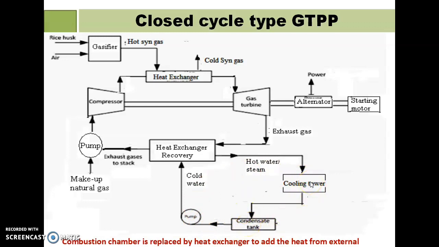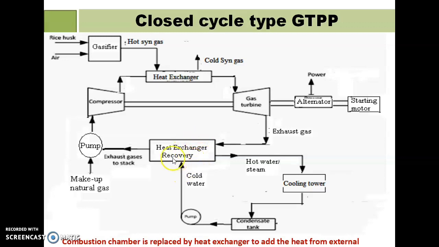The cooling tower is connected to a steady supply of water. It takes the water from natural sources. Then the hot gases through the heat exchanger are given to the cooling tower, where they are cooled, and again given to the condenser, and through the pump the cold water is again given to the heat exchanger.